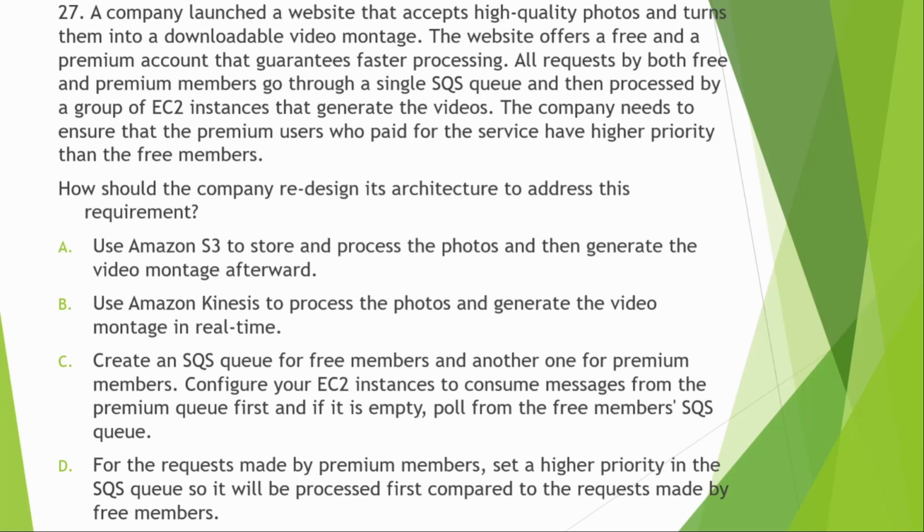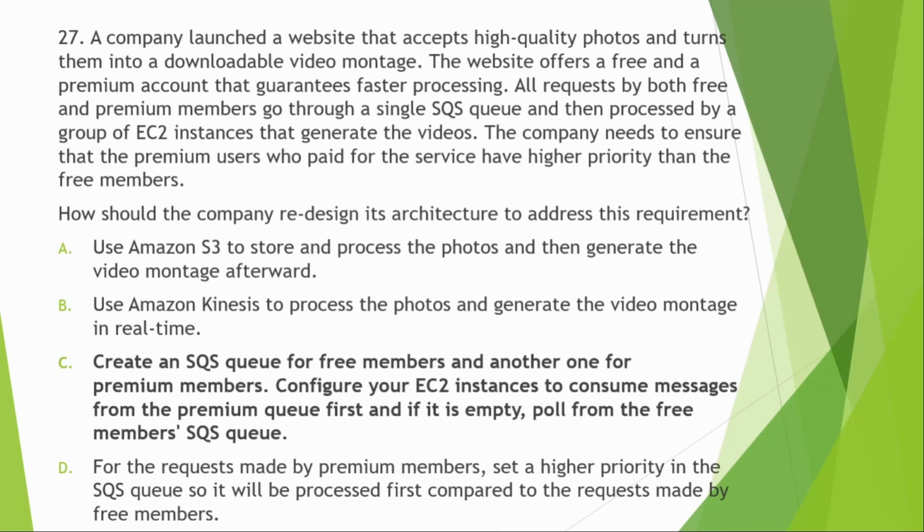Okay, and for the request made by premium members, set a higher priority in SQS queue, so it will be processed first compared to the request made by free members is incorrect. Okay, as there is no way you can set a priority to individual items in the SQS queue. So the correct answer is that you will create two queues for this, one for free members, one for premium. Premium goes first, free queue goes second.